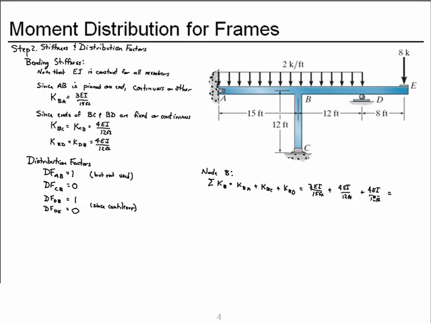When we modify the numerators, add them all up, we get 13 EI over 15 feet.